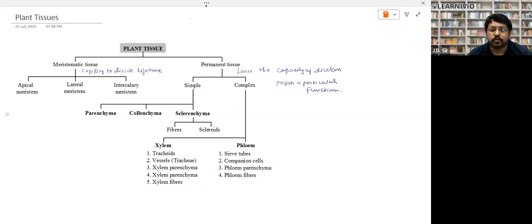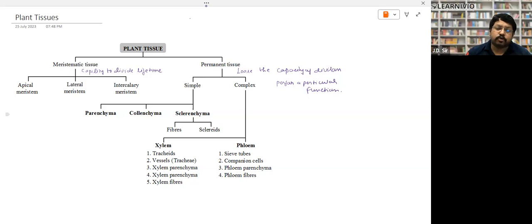Lateral meristematic tissue increases the girth of the plant, right? They are called lateral meristematic. Then intercalary meristematic tissue, intercalary meaning sandwiched between two, is found at the joint of the branch, right? They are called intercalary meristematic. So they have been divided on the basis of their position.